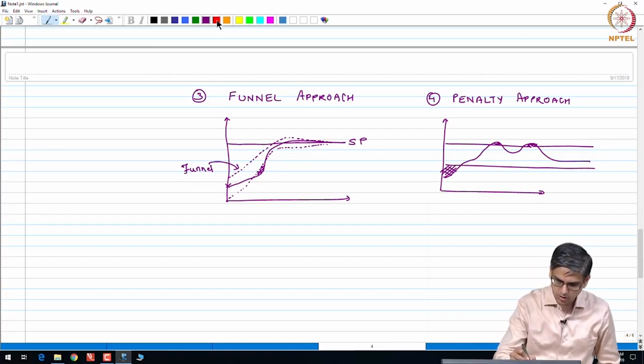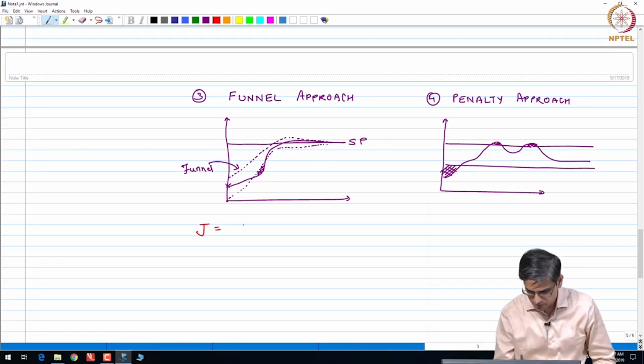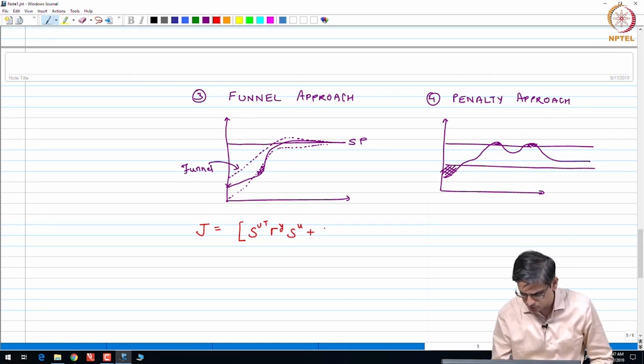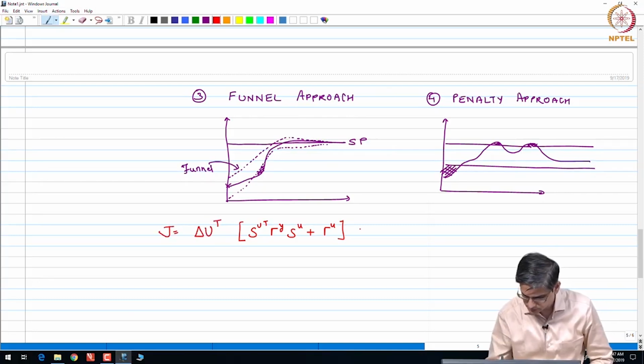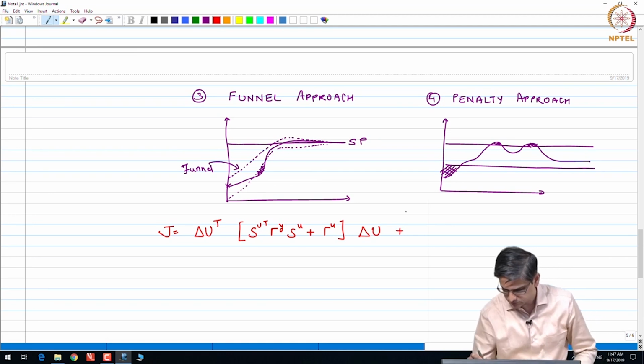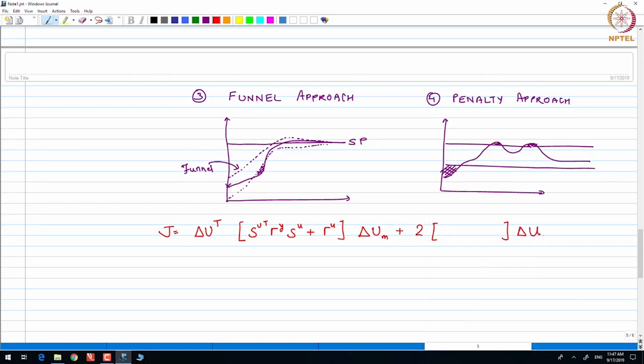So, how we are going to write our J is as SU transpose gamma Y SU plus gamma U as the Hessian. I do not remember this off the top of my head.